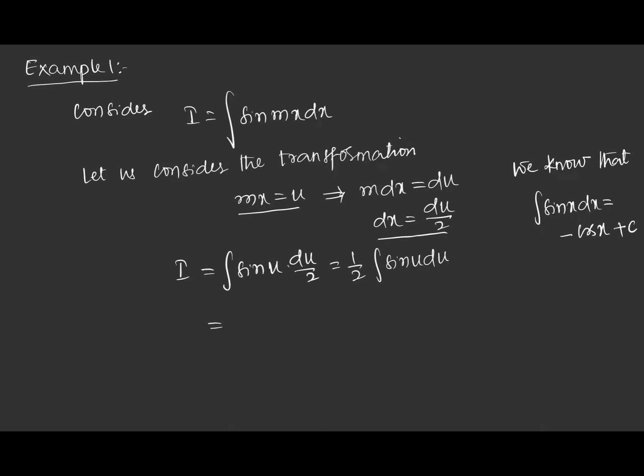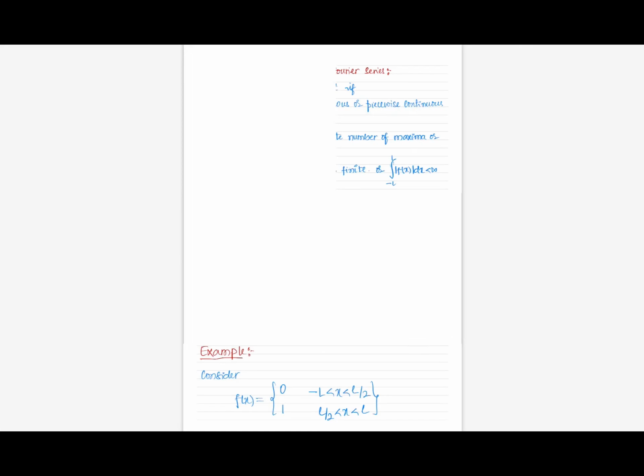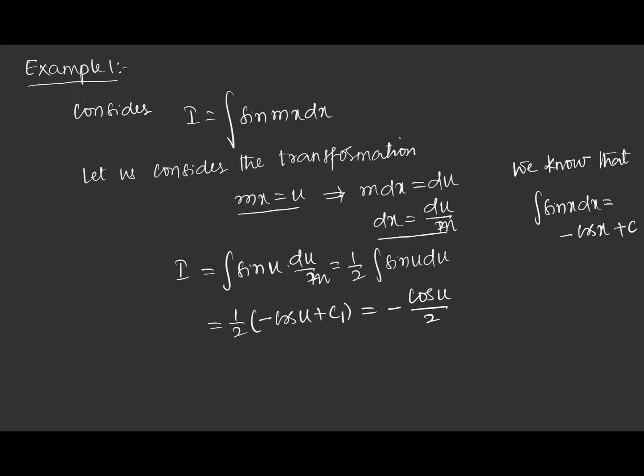So with that we will get 1 by m times minus cos x, here u is there, we'll get cos u plus some constant, say c1, and simplifying this you'll get minus cos u by m plus c1 by m.